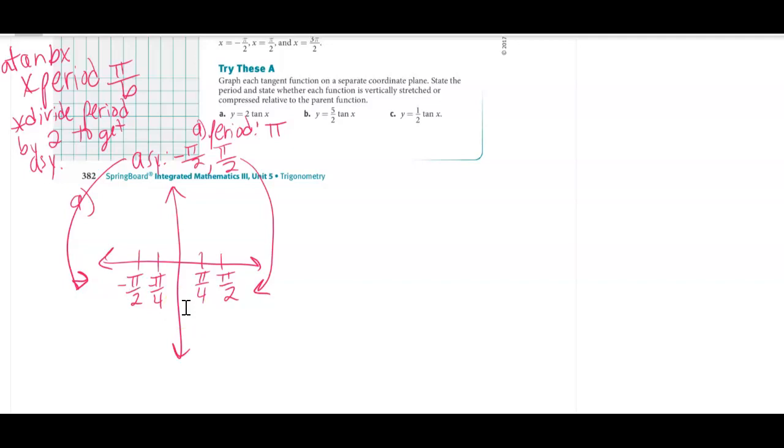And then my y values, I use that -1, 0, 1 as the middle 3 points. Right, so I've got those asymptotes, negative pi over 2, pi over 2. And then my y values from left to right are -1, 0, 1. So just like I did before with sine, cosine, I would multiply those by a.